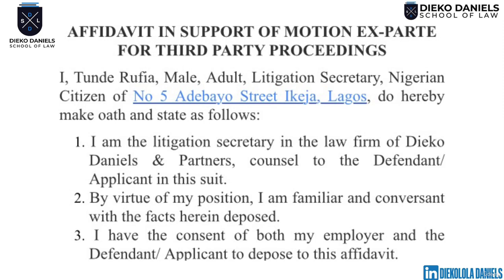Number 2, by virtue of the position, you are conversant with the fact. Number 3, you have the consent of your employer and the defendant, or whoever it is. So, your employer and the defendant or the claimant, depending on whose behalf they are writing that affidavit. Do you get my point? Those are your 3 layers. Please don't forget. Don't forget.